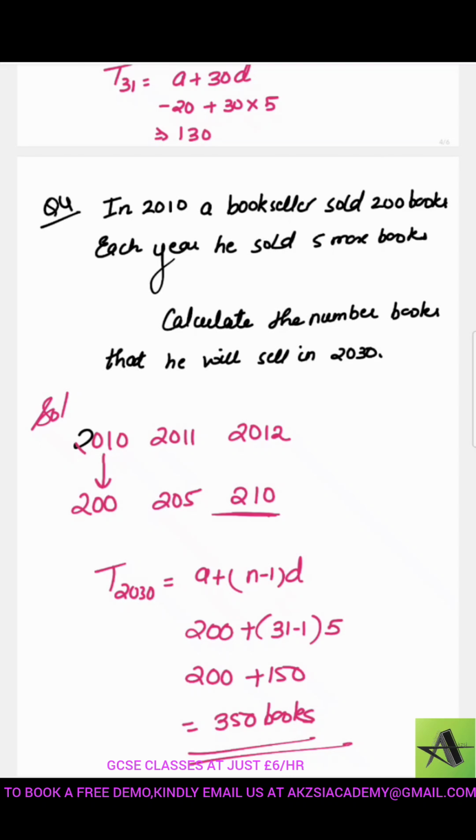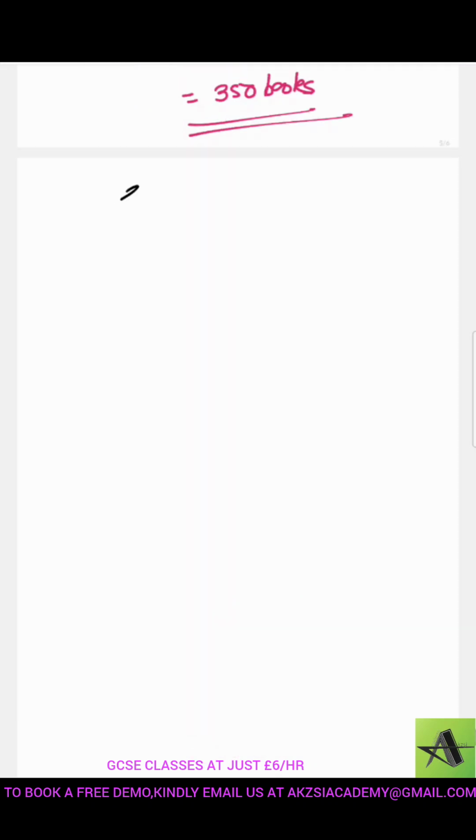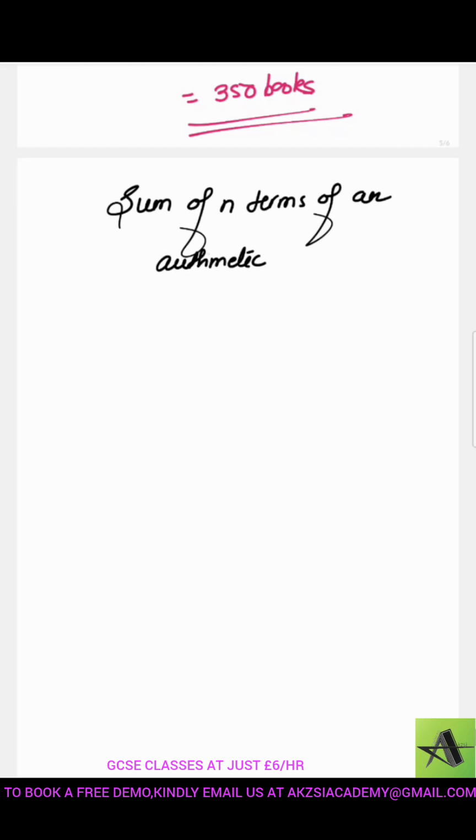But even though, I'm discussing the sum of n terms of an arithmetic sequence. The formula is given as Sn equals, that means sum of n terms is n over 2 times 2a plus n minus 1 times d.